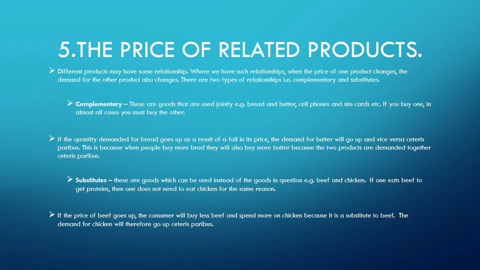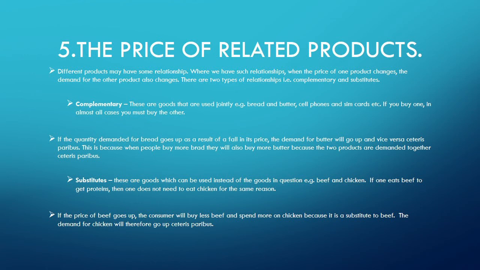And the opposite will happen. If the price of Coke goes down, the demand for Pepsi will also go down. That means they move in the same direction. This type of relationship is called a positive relationship.